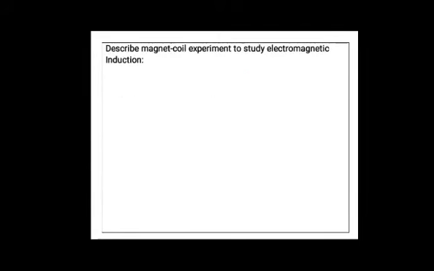Now to demonstrate this electromagnetic induction with the help of an experiment done by Faraday, let us take one experiment here, that is the magnet and coil experiment. This magnet and coil experiment gives the idea about electromagnetic induction.